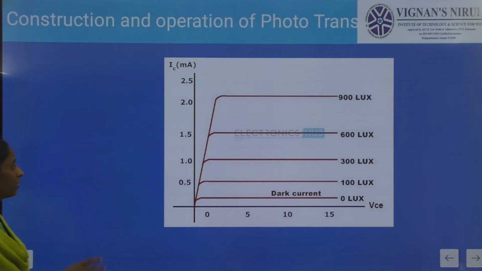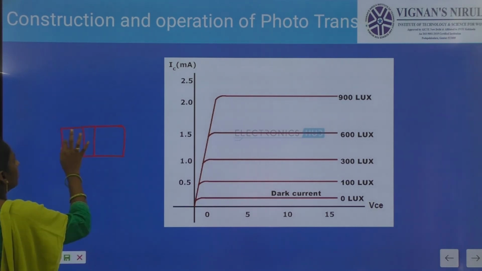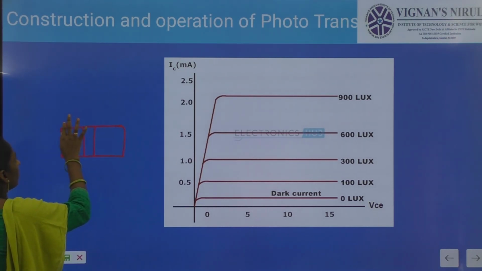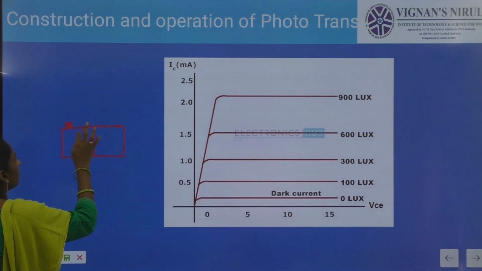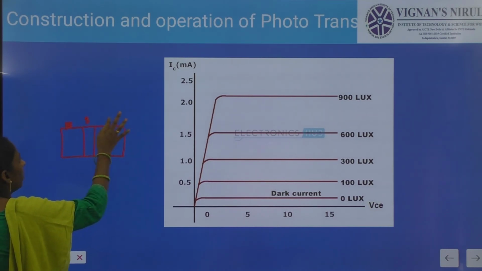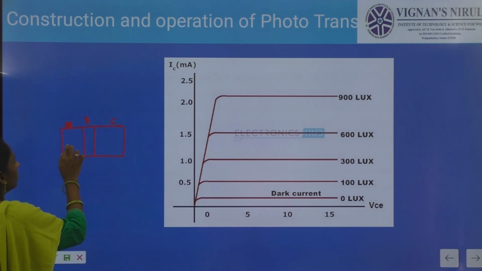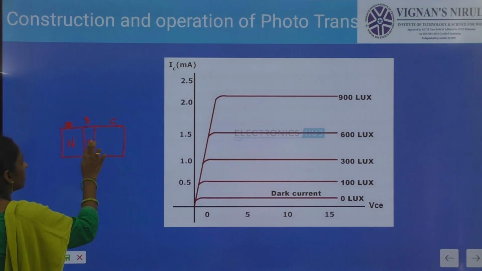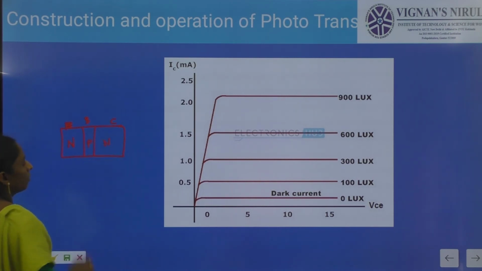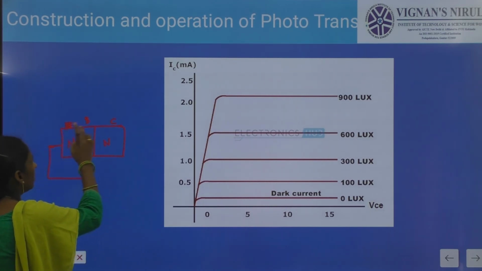Consider the circuit. This one is emitter, base and collector. Here we are considering an NPN transistor. We should apply reverse bias between emitter and collector.